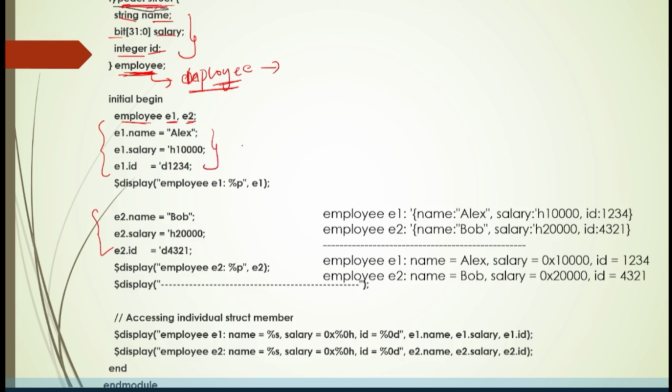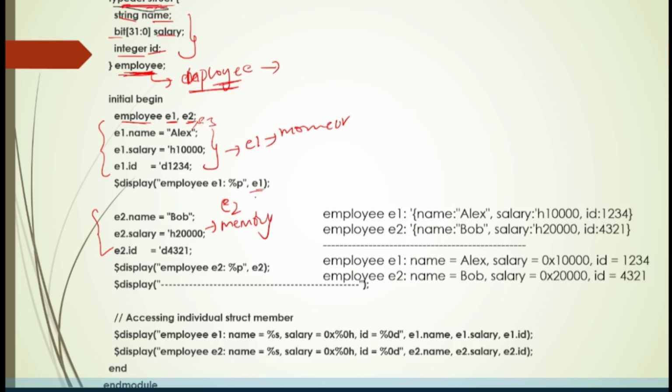This will be entering into e1 memory, and then this will be entering into the e2 memory handle. In this way, for however many employees or students you want to create, you can create it.